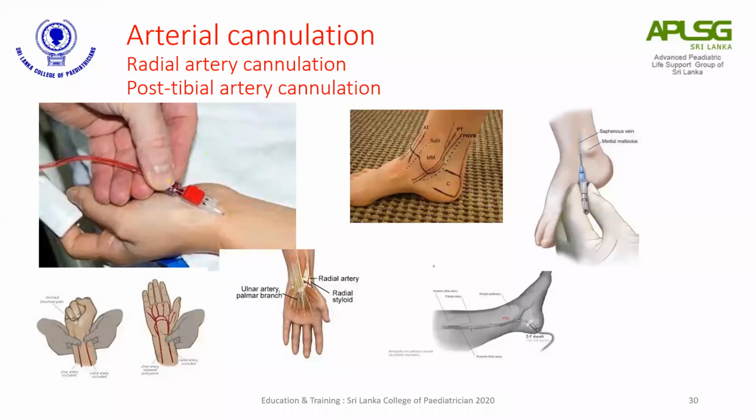What you have to do is squeeze all the blood from the hand into the forearm and then compress both the radial and the ulnar artery. Once the hand is really pale, you release the pressure on the ulnar artery. If the hand becomes pink, that means the collaterals are working, which means you can safely cannulate the radial artery.